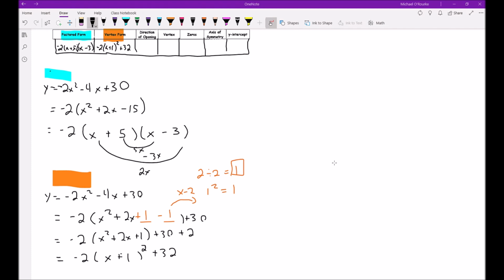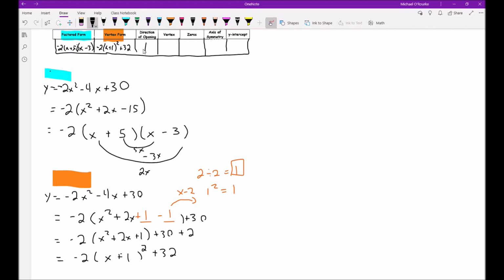Direction of opening. It doesn't have direction of opening on here, but how do we know the direction of opening? Can someone tell me if this opens up or opens down? Do you guys remember? It opens down because... Very good, right?